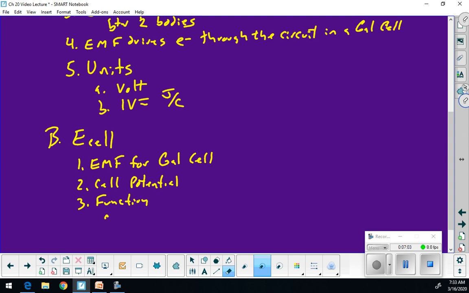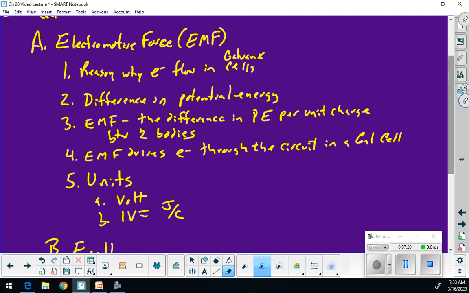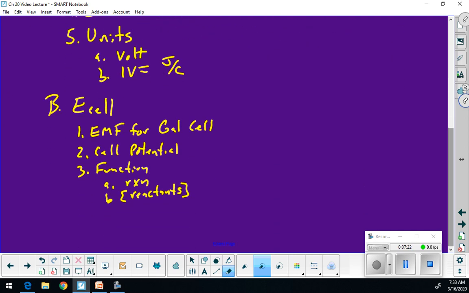It's a function of my specific reaction, my concentration of reactants, the concentration of my products, and finally, my temp. These things all have an effect on my E cell.